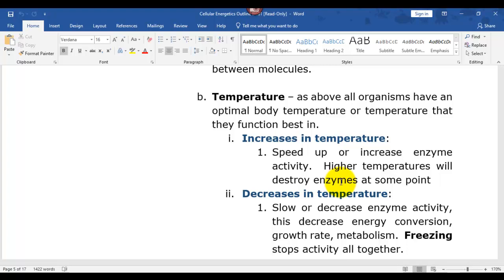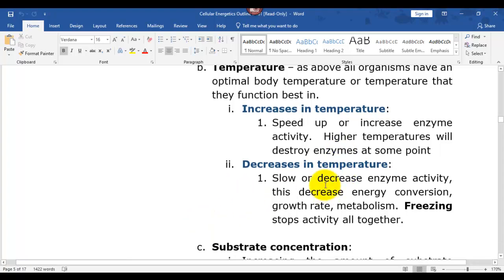The incubator is set at our body temp, 97 or 98 degrees Fahrenheit, 37 degrees Celsius. They will grow faster at that temperature than they will at room temperature, which is 20 degrees Celsius. However, if you got too hot, at some point the enzymes would denature and it would kill the cells.